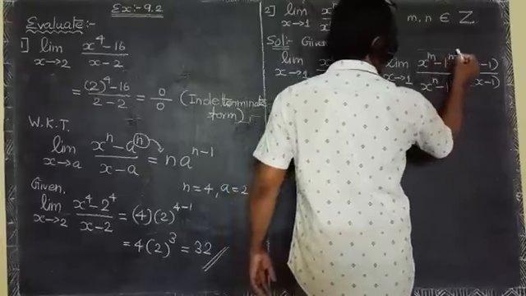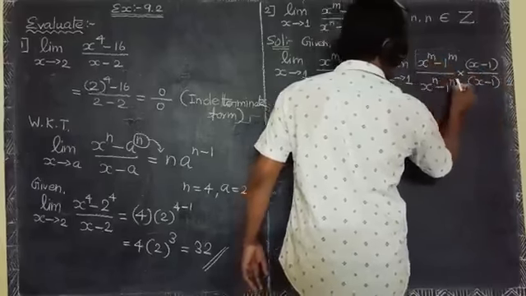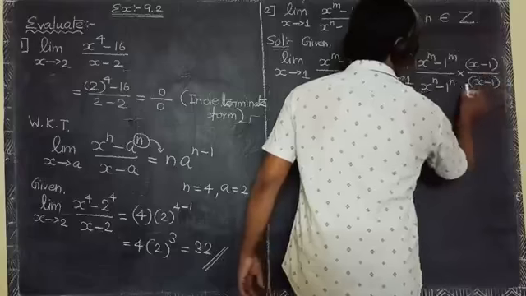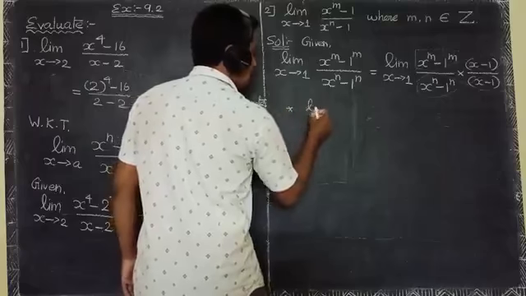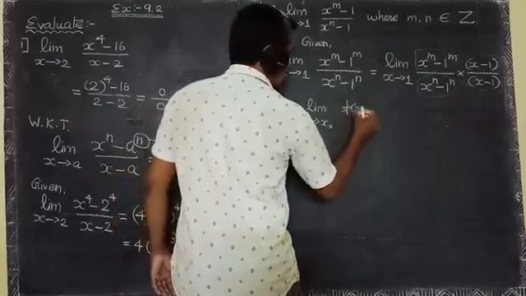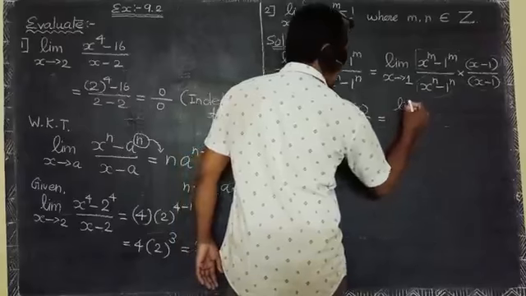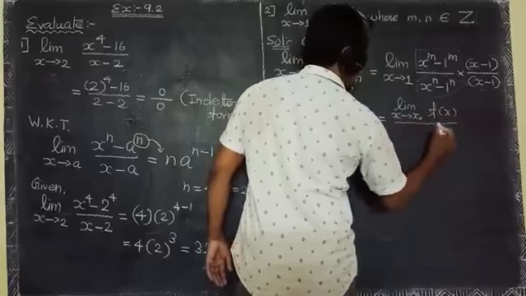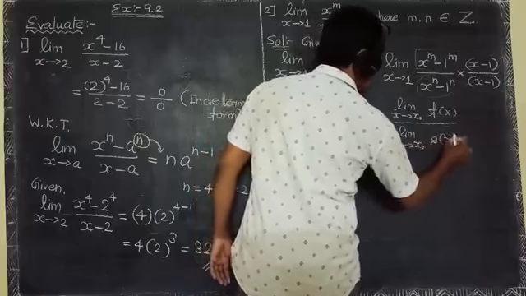Here in x power m minus 1 power m, and the denominator have the factor x minus 1. Collecting this and collecting the other one. Here you know the property: limit x approaches x naught of f of x divided by g of x is equal to limit x approaches x naught of f of x divided by limit x approaches x naught of g of x.